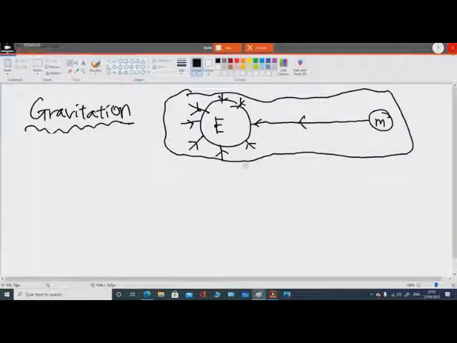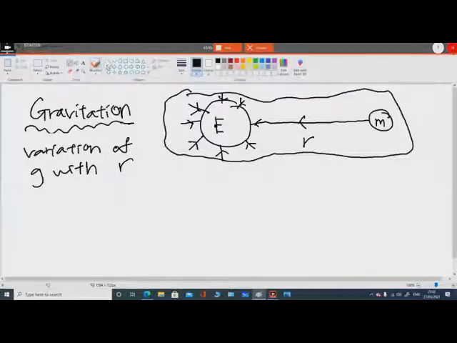We need to know how the gravitational acceleration, or gravitational field strength, varies with r. So, the variation of g with r.